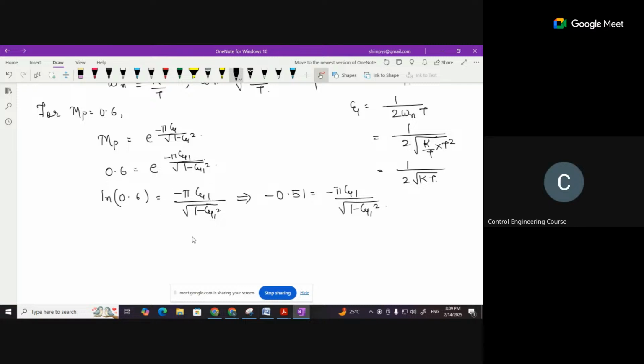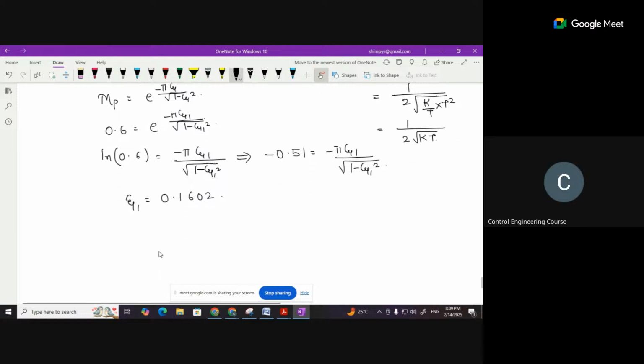Now, if you solve for the value of zeta 1 here, what will you get? Please check it. I have solved it when I prepared this: 0.1602, right? Do you get it up till here? Have you solved it like this? Yes, ma'am.